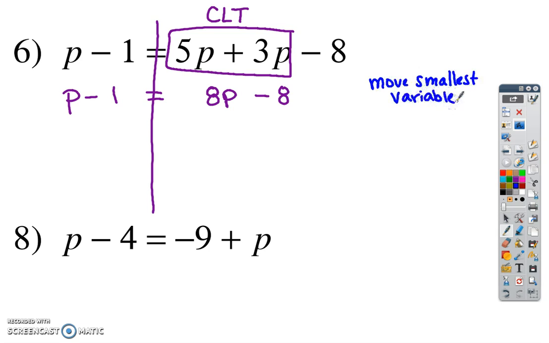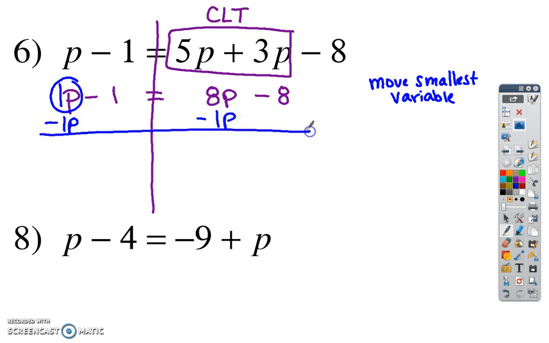So which one am I going to move? Which one's the smallest variable? The 1p. So move the 1p, subtract from both sides. That leaves you with 7p. And bring everything else down.